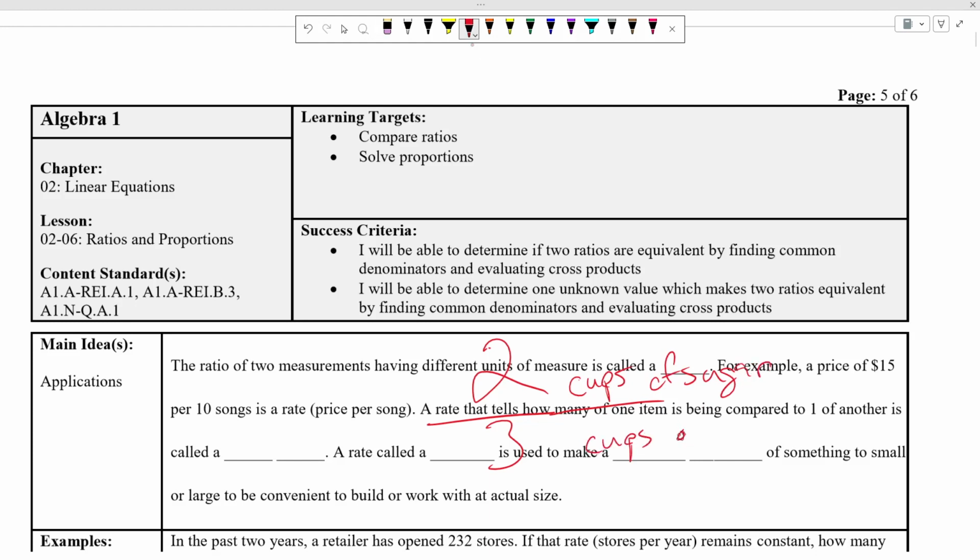In other words, same units. These words here, cups of sugar, next to the number value indicate that these are units of these numbers. So a ratio in the most pure sense is relating values which have the same units. Now here's where things may differ.